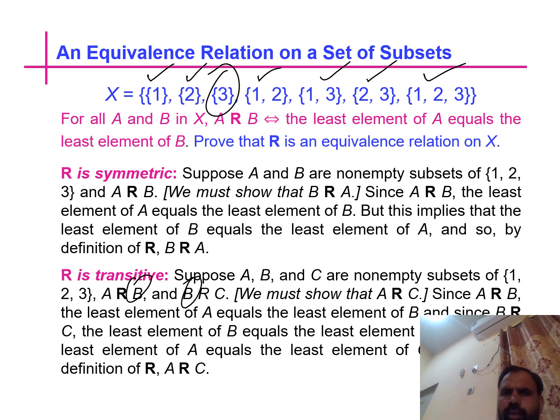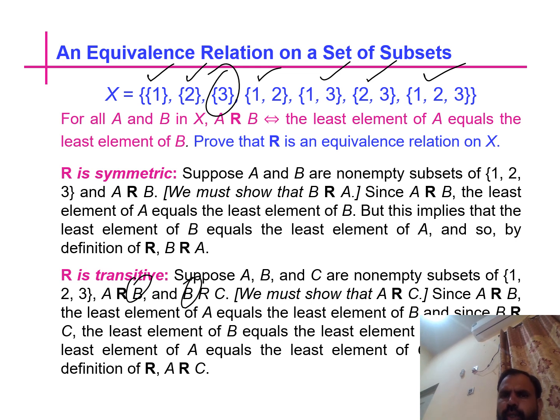X is this: for all A and B in X, A is related to B if the least element of A equals the least element of B. So we prove that R is an equivalence relation on X. R is symmetric.